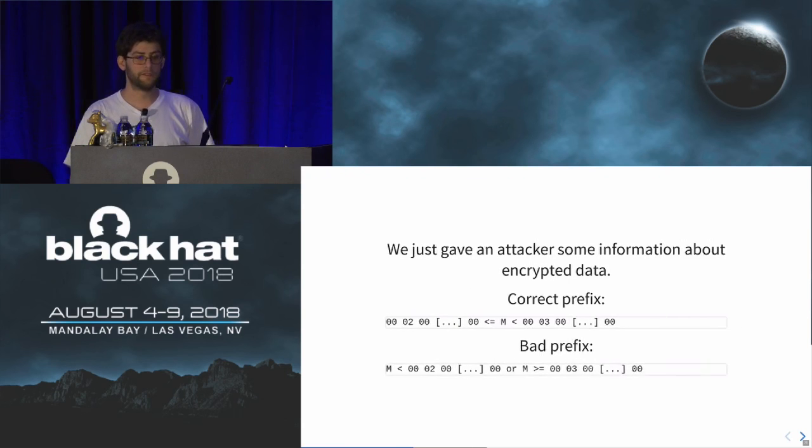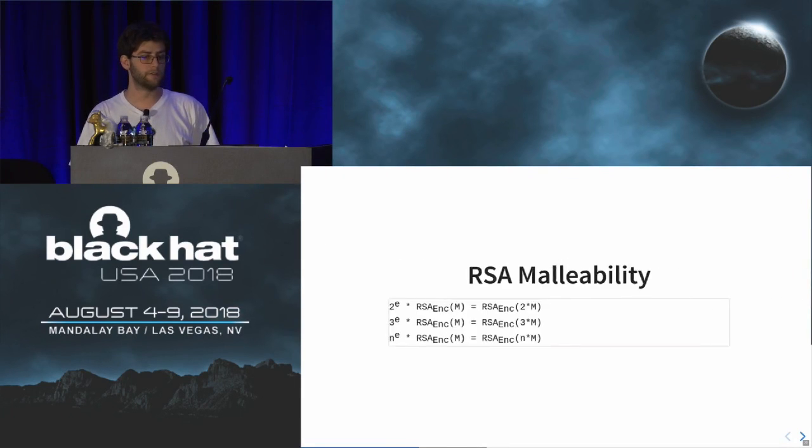But this doesn't really turn out to be such a great idea because when you're doing this, that error message is actually leaking information about the encrypted data. So if you know that it has a correct prefix, you know that the value of the message is within certain ranges. And if it has a bad prefix, it's going to be outside of those ranges.